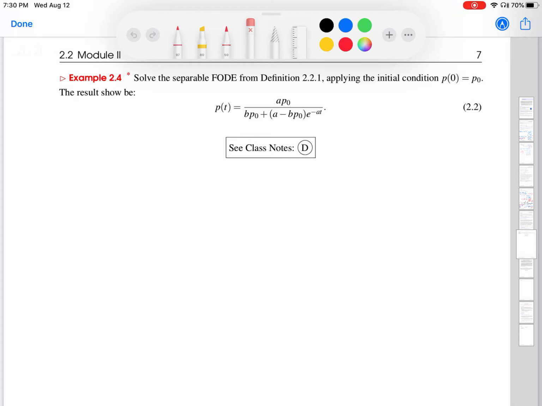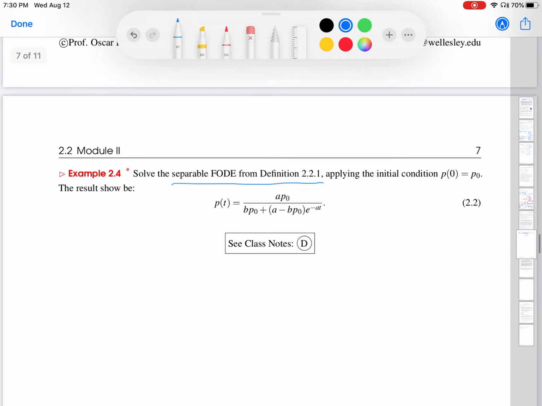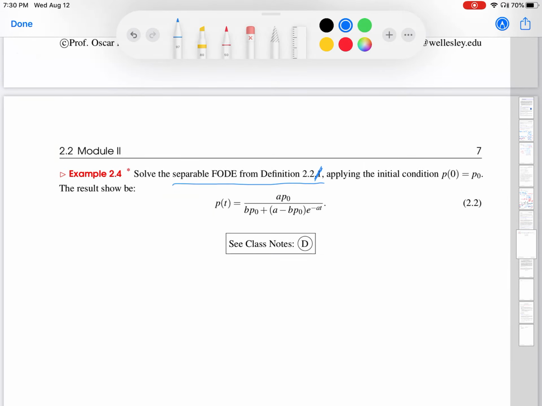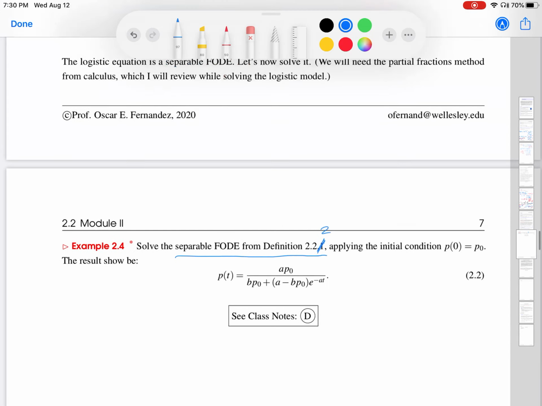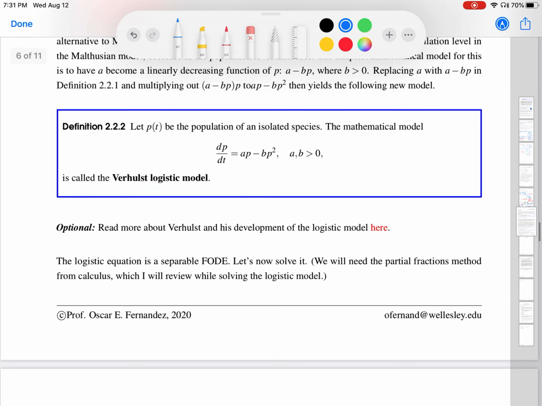Hi, this is Class Notes D in Lesson 2, and this Class Notes asks us to solve the separable ODE in Definition 2.2.1. Really quickly here, this should be 2.2.2, so I fixed that in the lesson notes that do not have these annotations. The point was to go back to this definition and solve this ODE, which is the Logistic ODE.